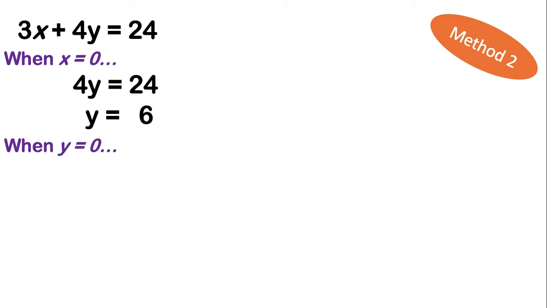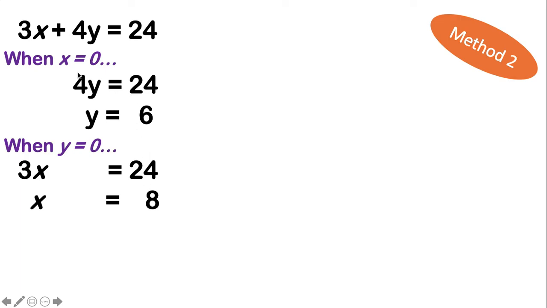Now I'm going to think about when y equals 0. When y equals 0, that middle bit will disappear because it's 0. So instead of 3x plus something with y equals 24, all the y's disappear, and I get 3x equals 24. So x must be 8, dividing by 3. So when y equals 0, x equals 8.